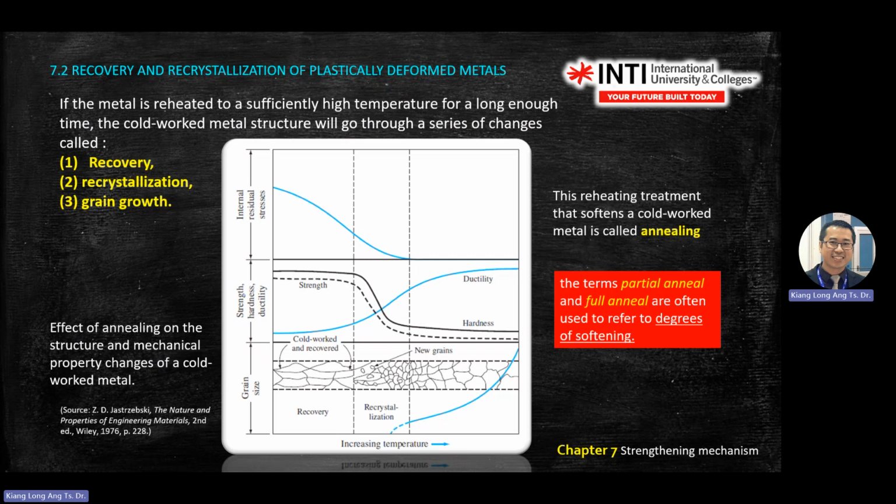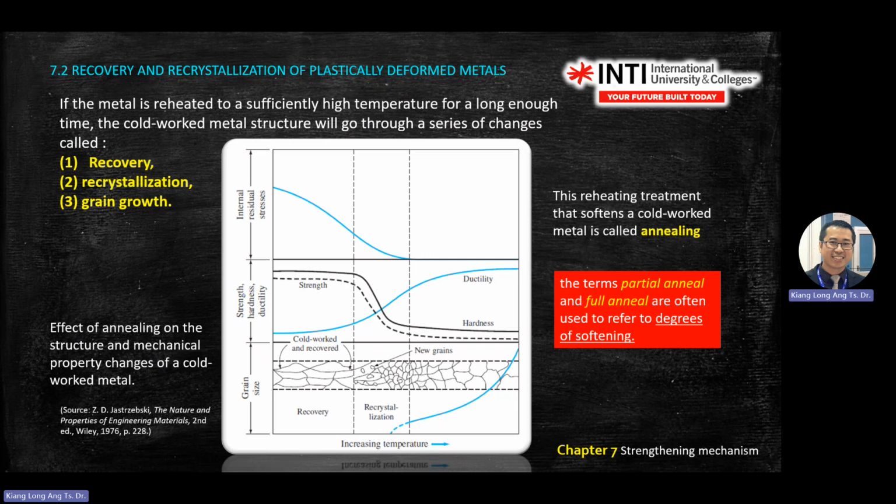So here, this graph, the x-axis is the increase of temperature. So you can start maybe from room temperature, then you continue to increase the temperature. So this is the grain size of the metals.